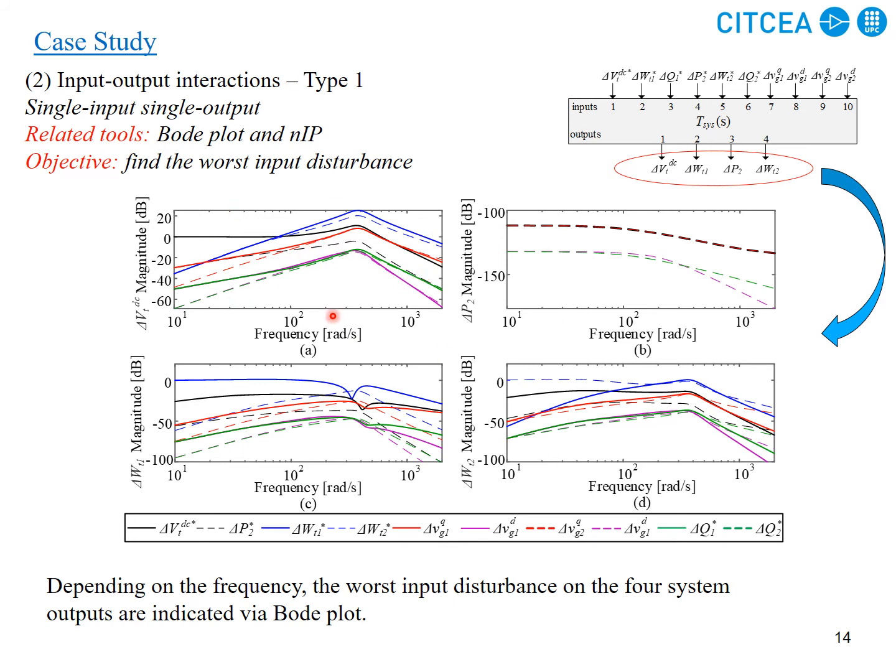This kind of analysis could be done for all four variables. However, active power is not very influenced by the system inputs. And the reason is the decoupling inside the MMC with the feed forward.